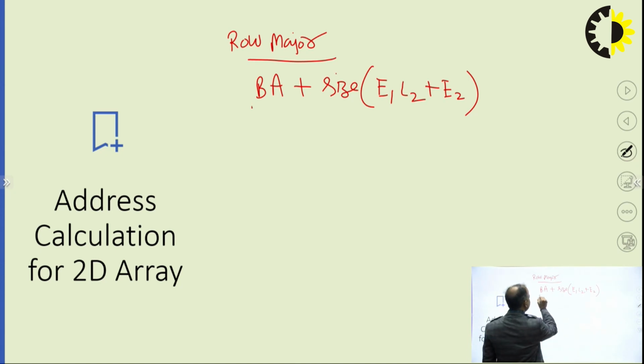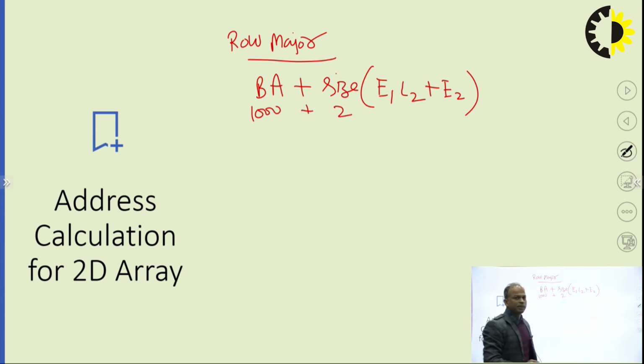So we can write base address equals 1000 as per the previous example. And if we are taking the size of an integer, it may take, suppose, 2 bytes. So an integer normally takes 2 bytes, or a float normally takes 4 bytes. So if we are using an integer, then the size would be 2.